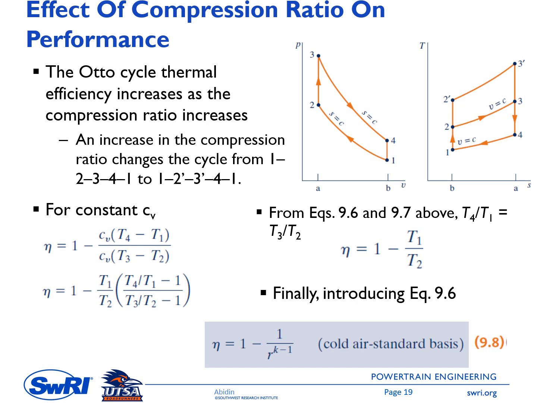In the TS diagram, when we increase the compression ratio, the pressure at the end of the compression stroke is increased from 2 to 2 prime. So an increase in the compression ratio changes the cycle from 1, 2, 3, 4, 1 to 1, 2 prime, 3 prime, 4 prime, 1.